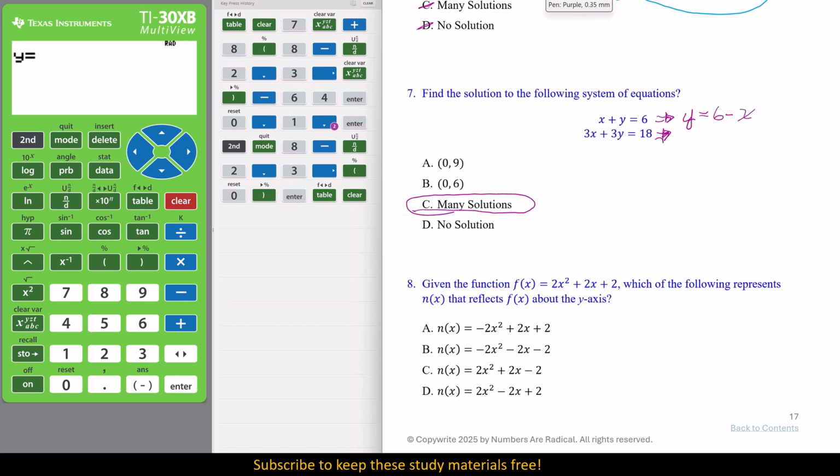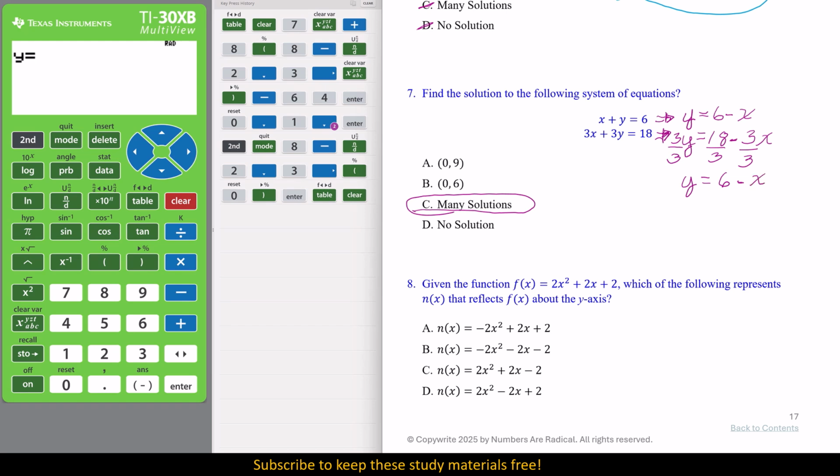And for the second one, I have 3y equals, I'm going to go through the process, 18 minus 3x. Divide by 3, divide by 3, divide by 3. Now I see y equals 6 minus 1x. It's the same thing.